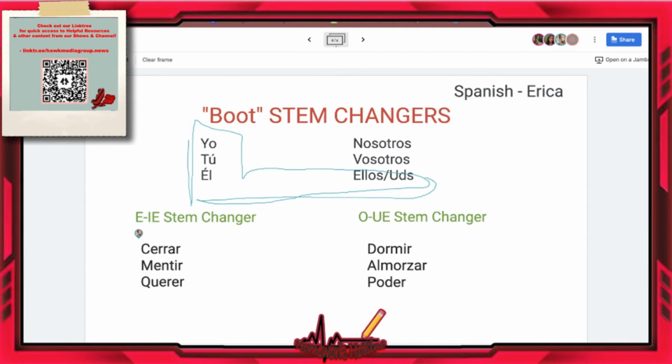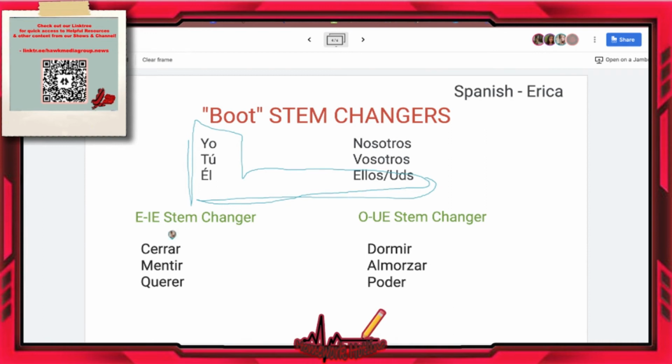When we're trying to apply E to IE, the E that we're talking about is always going to be the first E that comes up, and the same is going to apply for when we go to mentir and querer.